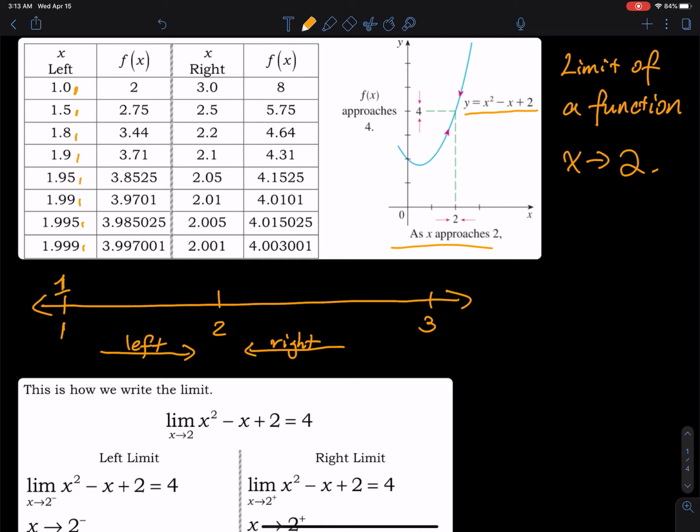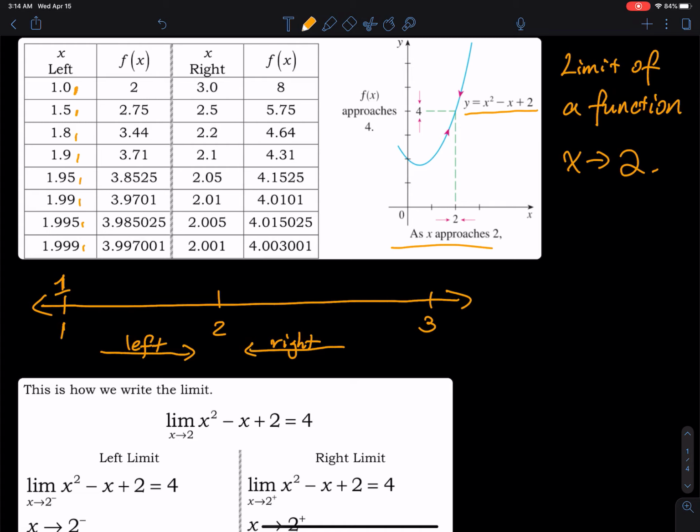How do we get this y value? All you have to do is plug in the 1, the 1.5, the 1.8, the 1.9 into the equation, and so on. You square the x value, subtract the x value, add 2, and put the result in there. So that is x approaches 2 from the left.